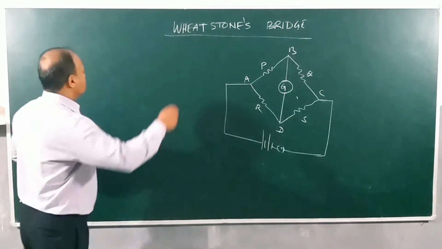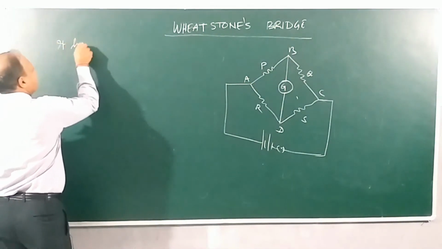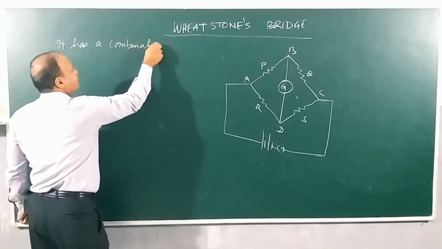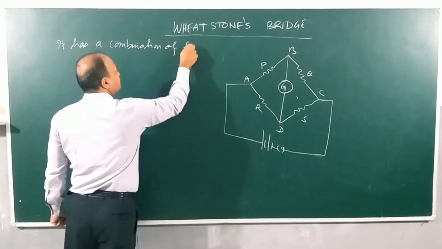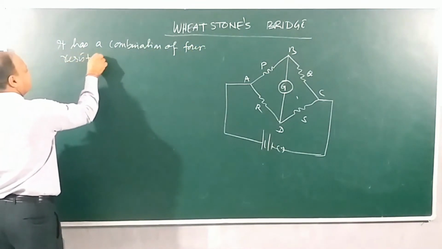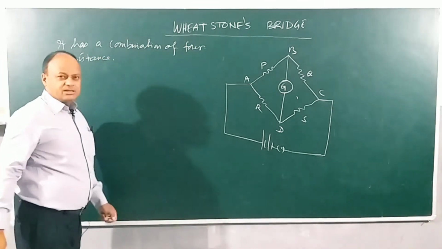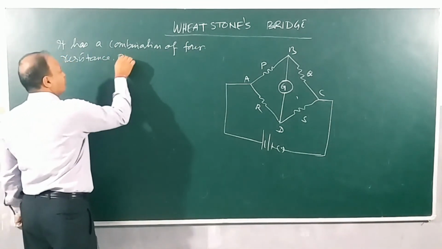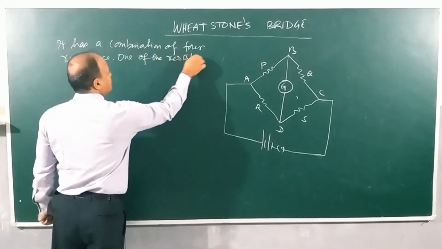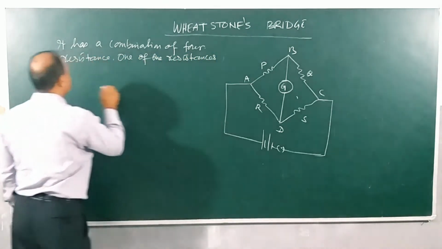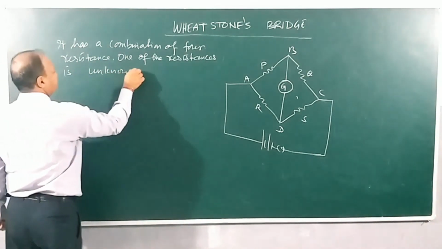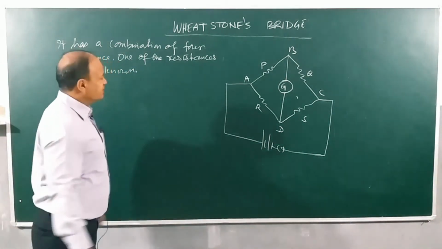So a Wheatstone bridge has a combination of 4 resistances, right? One of the resistances is unknown, right?